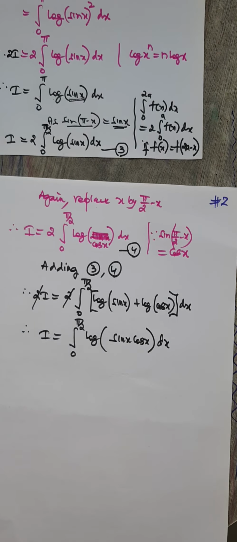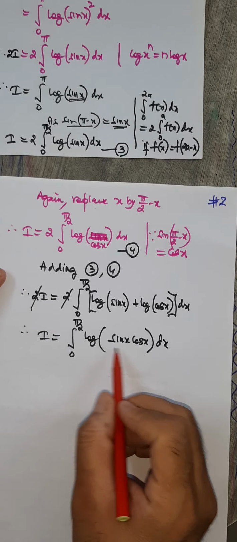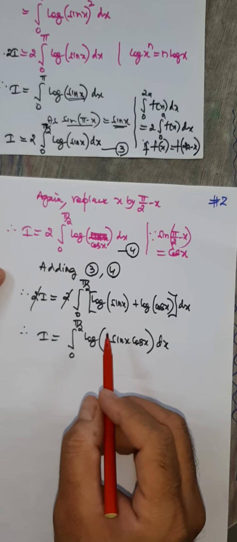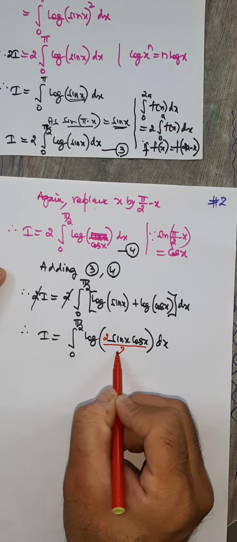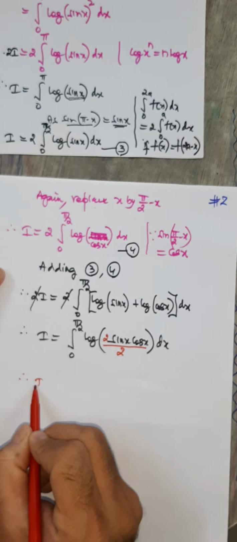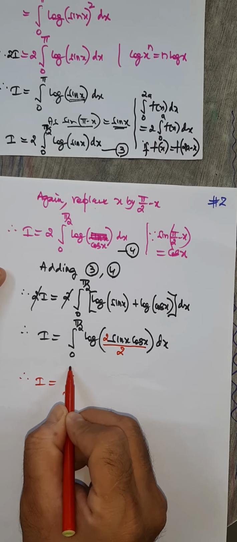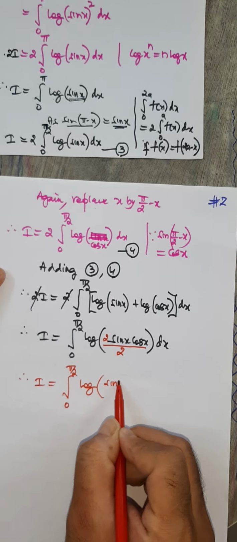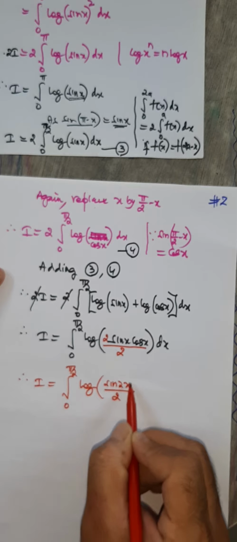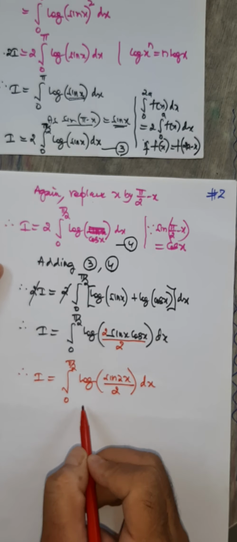Now I want a function purely in the form of sine, so I'll multiply and divide by 2. Therefore I equals integral 0 to pi by 2 of log of sin 2x upon 2, the whole dx.